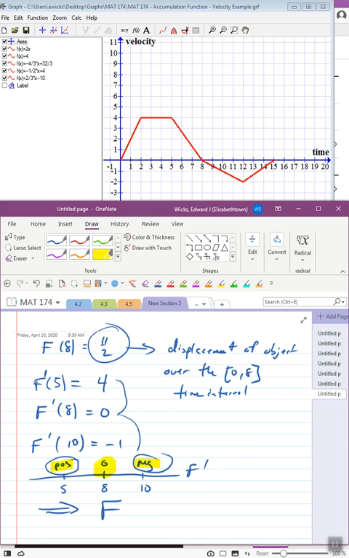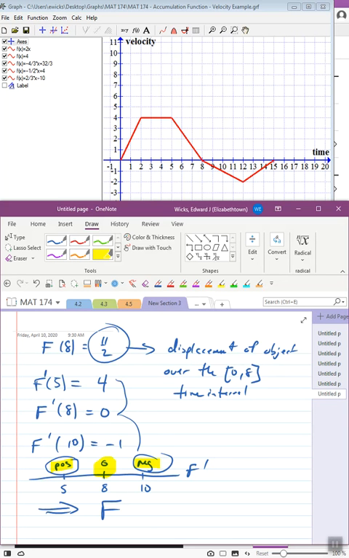If from 0 to 8 you are adding up area, but at 8 to 15 you start subtracting area, then isn't it going to be the case that at t equals 8, you're going to have a relative maximum on the total amount of area accumulated? You were adding it up from 0 to 8, but then starting at 8, you begin subtracting area. That means at 8, you had accumulated a relative maximum amount of area.